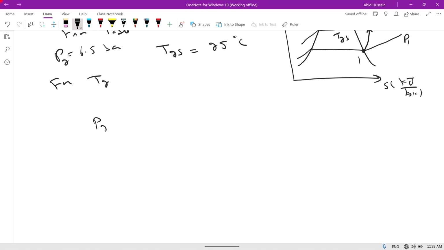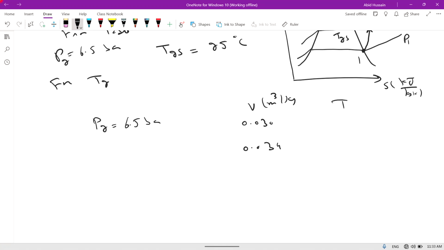From the table at P2 equal to 6.5 bar, specific volumes 0.030 and 0.034 meter cube per kg are available.